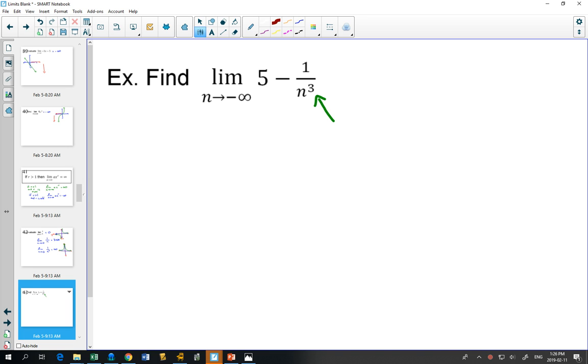So as n gets to be a very, very large negative number, 1 over a billion, does it make sense that this is going to get close to 0? And then your thinking has to be, well, what's the overall limit of this whole thing? What's 5 minus nothing? What's 5 minus close to 0? It's going to end up being close to 5.